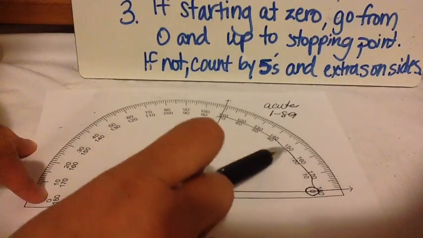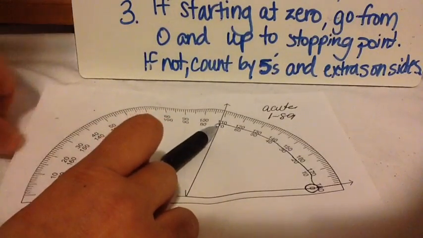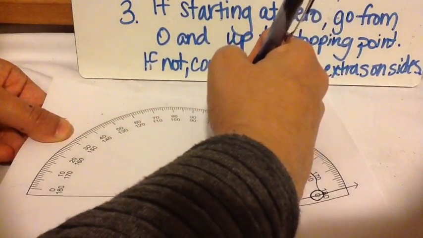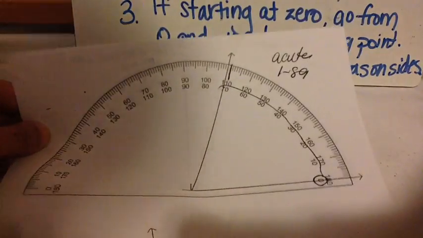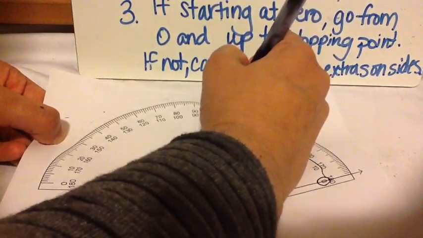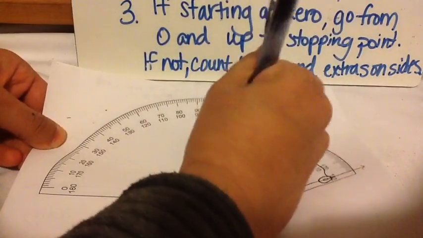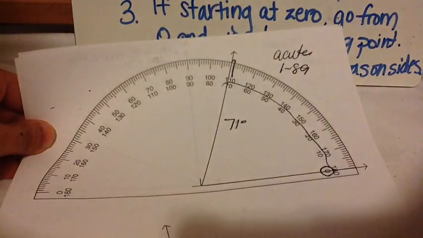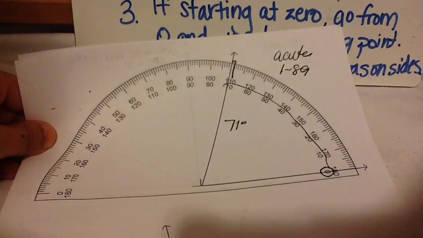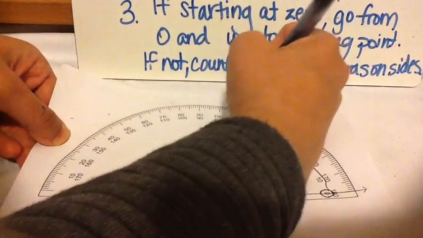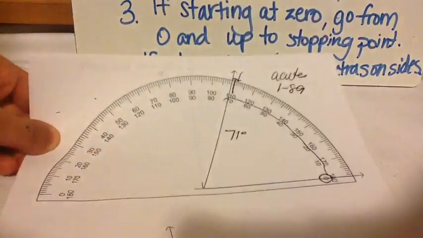So 0, 10, 20, 30, 40, 50, 60. Notice this is not right on 70. If it was right on 70, it would actually be on that line. Do you see how it's one little degree more? So this would be 71 degrees. A lot of people say 69. The reason why it's not 69 is because 69 is actually one less than 70.